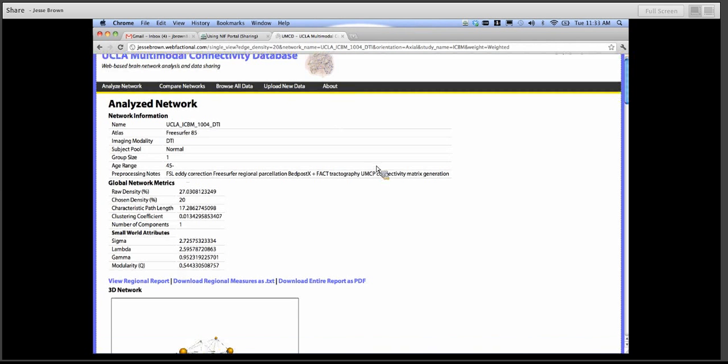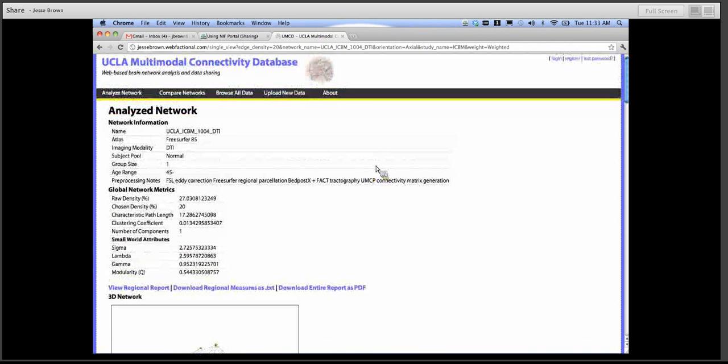So what you see here first is the information on the network. This is information that the researcher entered when they uploaded the data. In a bit, I'll get to how you can upload your own data to the site. The atlas was the FreeSurfer atlas, so the FreeSurfer cortical and subcortical parcellation was performed on this subject, and that was the set of regions that were used.